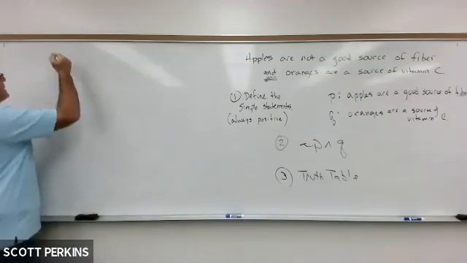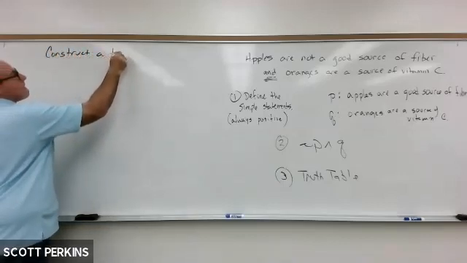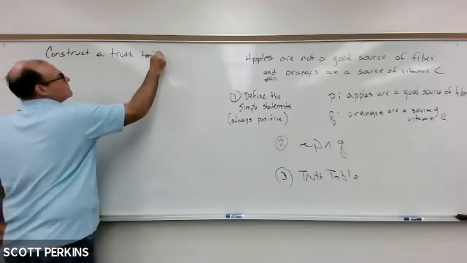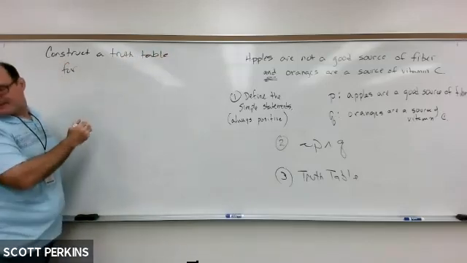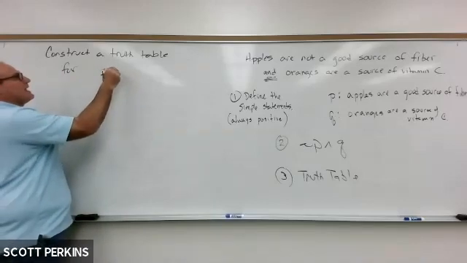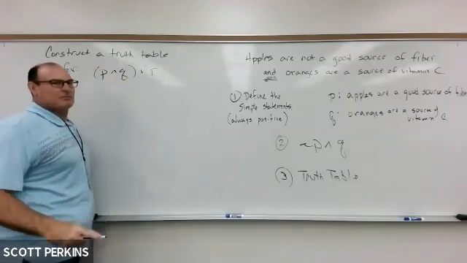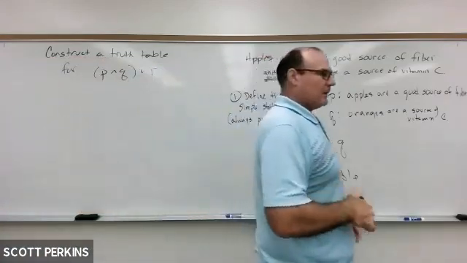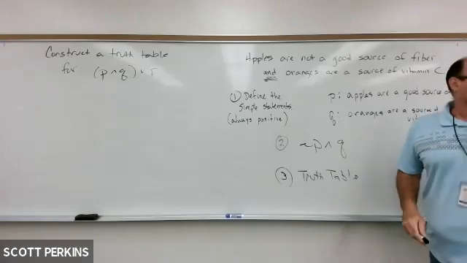So we're going to do a truth table for this statement. And the statement goes like this. I've got P and Q in parentheses, and then or R outside the parentheses. So 3 statements. I'm adding on another statement because the more the merrier.